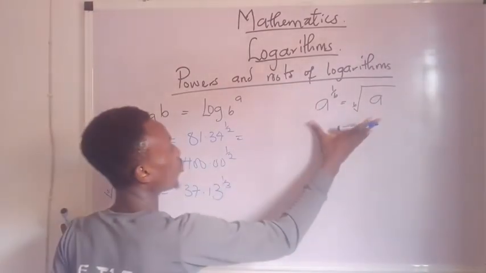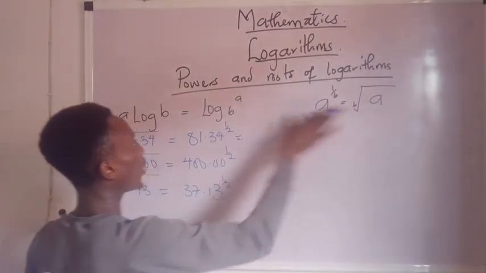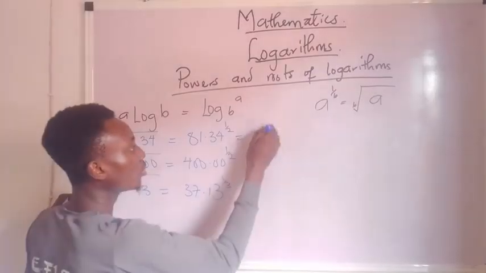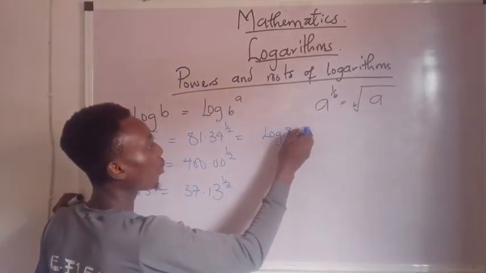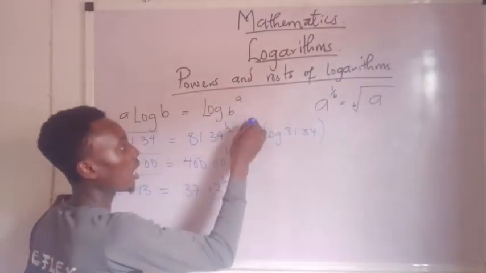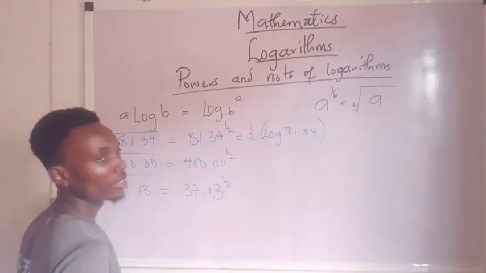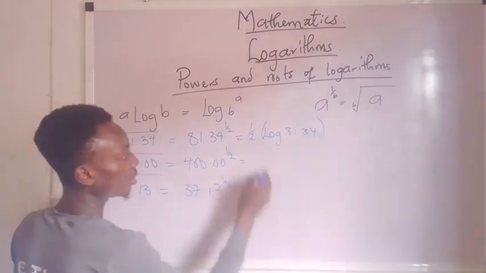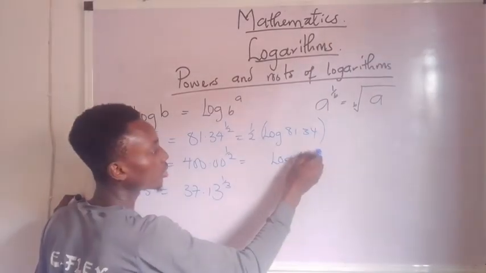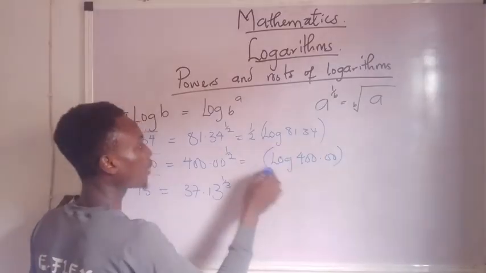Now, we are moving from this law towards this one, right? When we get the logarithm of this value, log 81.34, all we have to do is multiply it by this power. Do you remember now? And we do the same for this one. When we find the logarithm of this one, we multiply it by this power.